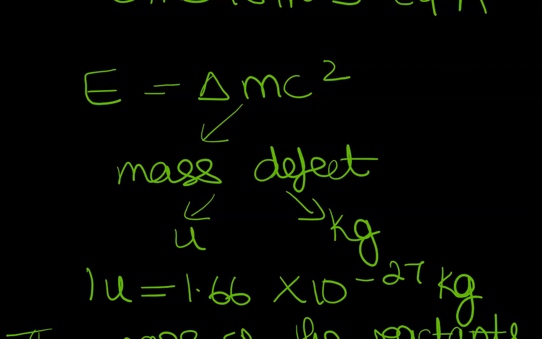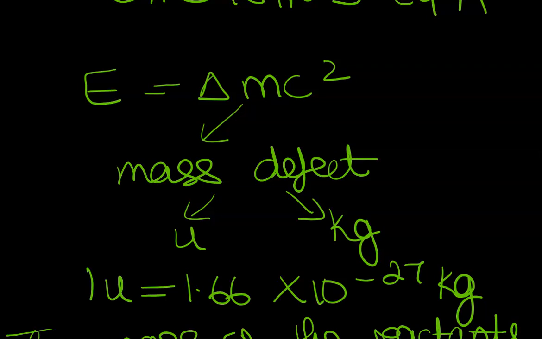So when you have that nucleus disintegrating in its process to achieve stability, you will have the mass of the reactants becoming less. If you compare the total mass of the reactants to the total mass of the products, you are going to see a smaller value.